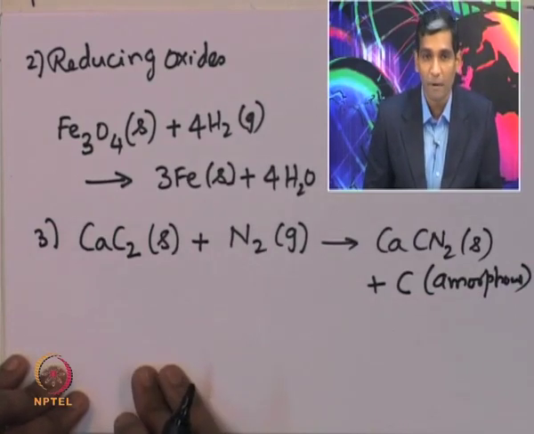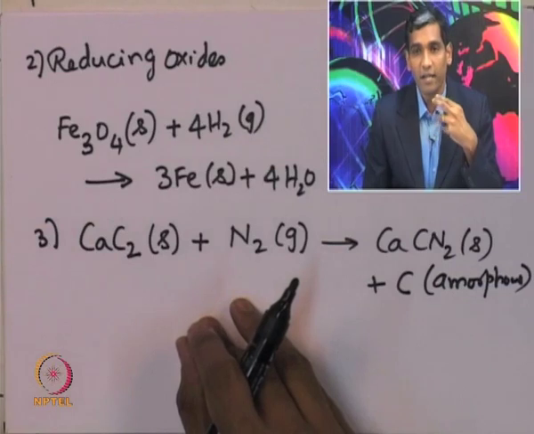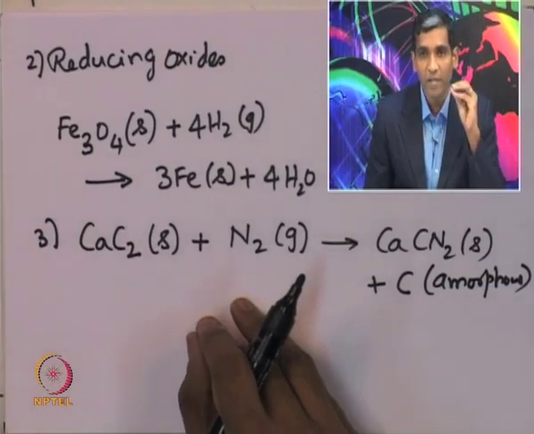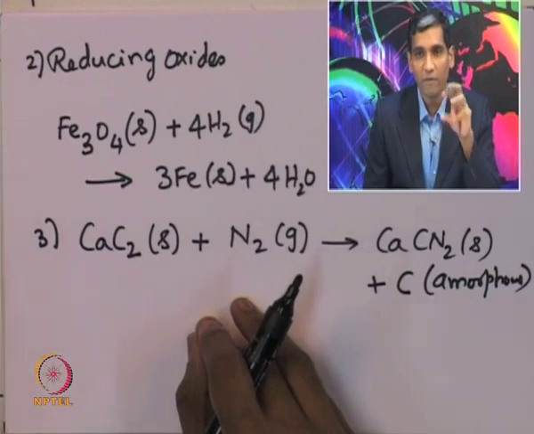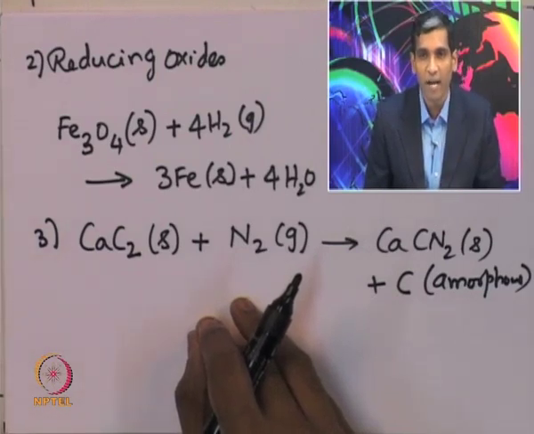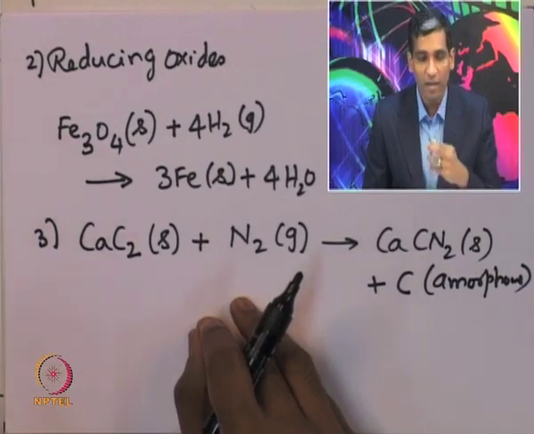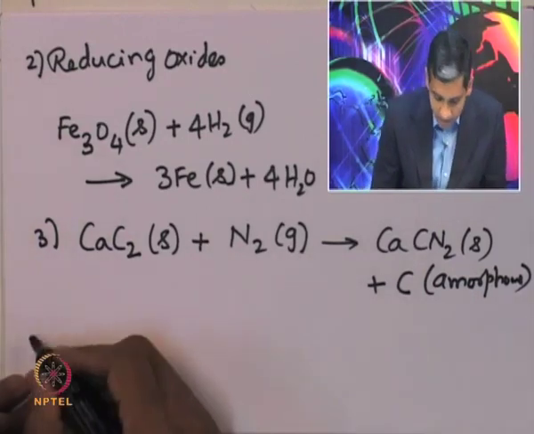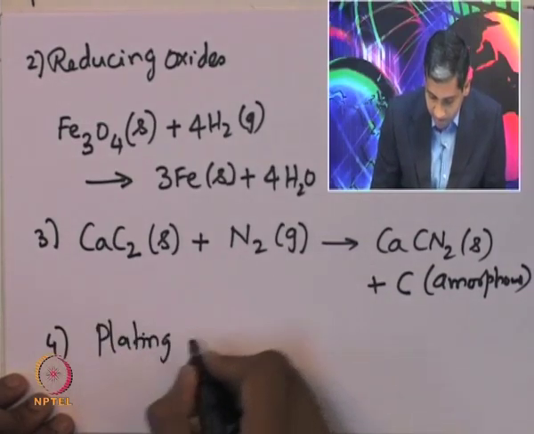Amorphous carbon as deposits. So clearly in these examples, there is a solid product which is formed, which gets deposited onto the solid core in which the fluid solid non-catalytic reaction actually occurs, and this helps in preserving the size of the core. Another example is the plating of various metals.